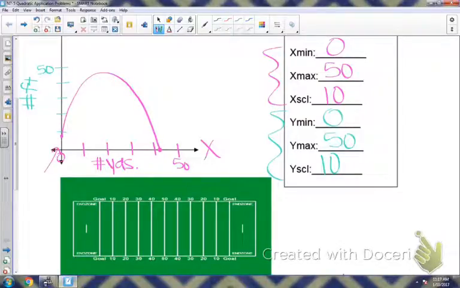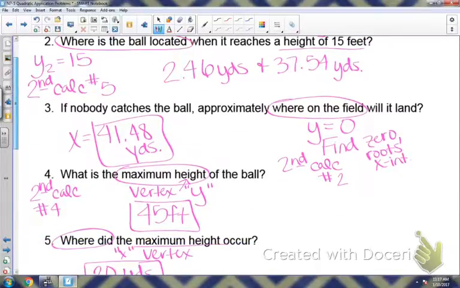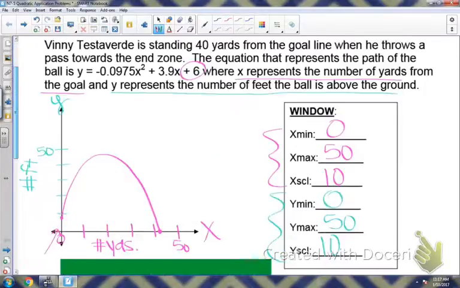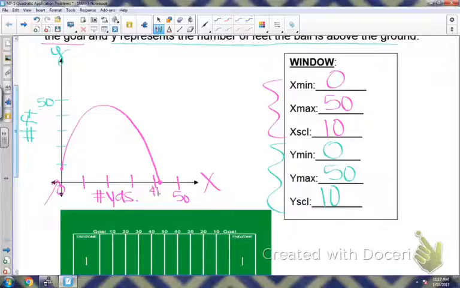That is your root. Okay, so let's look back and see what our root was that we found when the height was 0. So it was 41.48. So our domain would be in between 0 and 41.48.